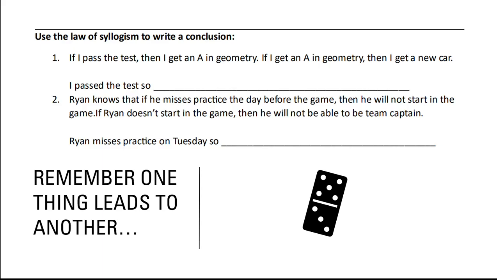Okay, so we're going to write a conclusion here. If I pass the test, so A, then I get an A in geometry. If I get an A in geometry, then I get a new car. I pass the test is A, so I get a new car.